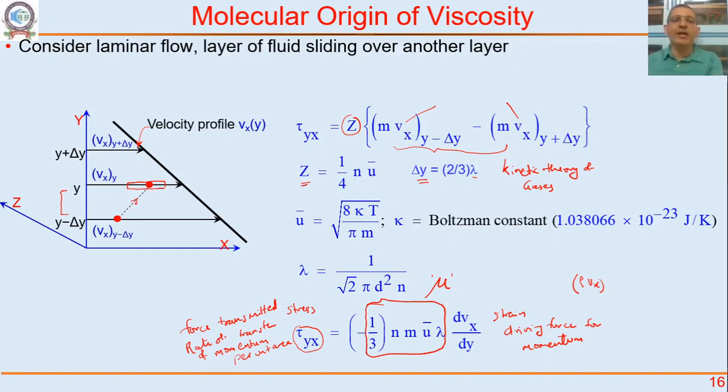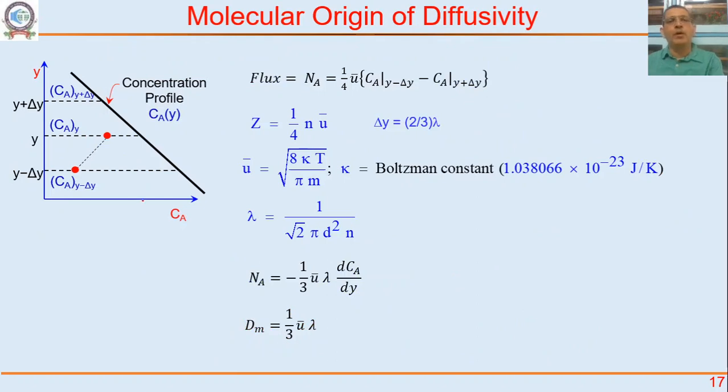Same way, if we start thinking about now molecular origin of molecular diffusivity, right? So imagine that there is a substance A having a concentration Ca, and remember this Ca as a function of y, we are plotting Ca on the x-axis versus y. So at a location y, this is the value of Ca. At location y plus delta y, the value of Ca is slightly less.